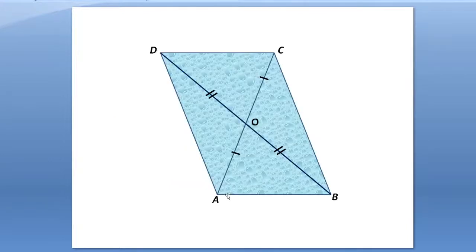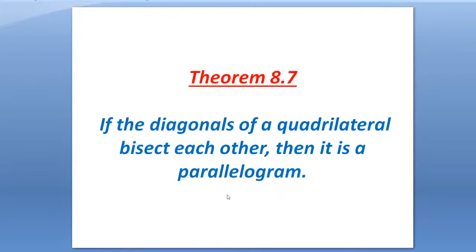Okay, see here, this is parallelogram ABCD, and AC and BD are diagonals of this given parallelogram and bisect each other at the point O. That means OD is equal to OB and OA is equal to OC.